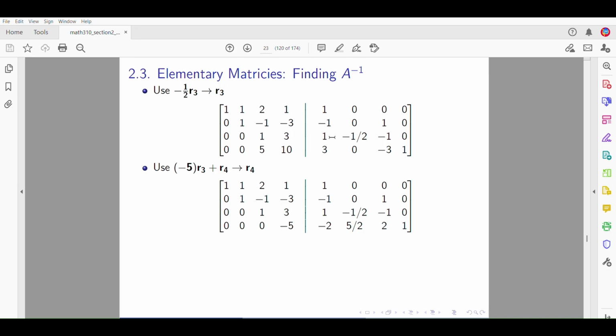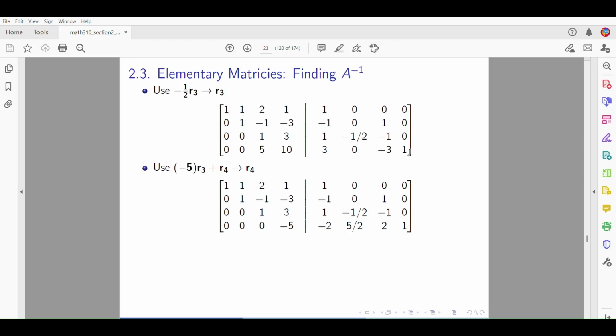Negative 5 times 1, negative 5 plus 3, negative 2. Negative 5 times half, negative 5 halves plus 0. Negative 5 times negative 1, positive 5 plus 3. Negative 5 times 0, no change.